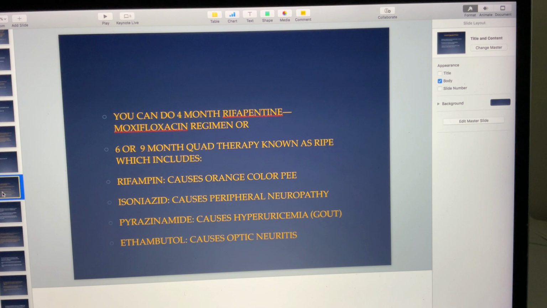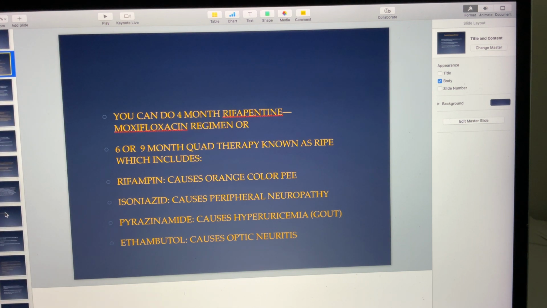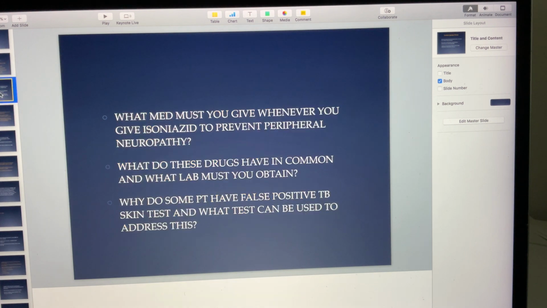That includes rifampin, which causes orange colored pee, isoniazid, which causes peripheral neuropathy, pyrazinamide, which causes hyperuricemia, and ethambutol, which causes optic neuritis. Okay, you really want to get this down. This is very important. They always ask these questions, especially the side effects of tuberculosis medication. You will always see it, I guarantee you.